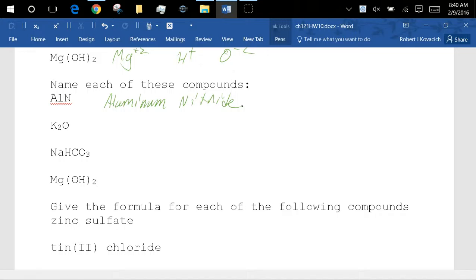Does anybody know what the other pronunciation for this is? For what? Aluminium. No? Yes? Nobody's heard that before? I've heard it. Aluminium is where most of Europe says it.